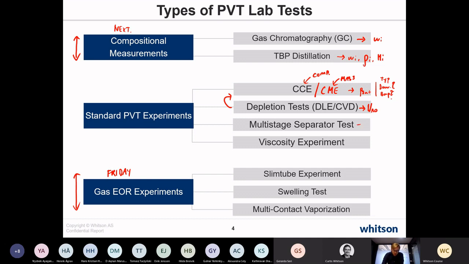The multi-stage separator test gives us the information on volume factors, the BO and RS. That's the BO and RS we used, for instance, yesterday when we talked about the oil in place numbers. The viscosity experiment, maybe we can guess what it measures, but it's the viscosity of oil, and that's an important distinction.